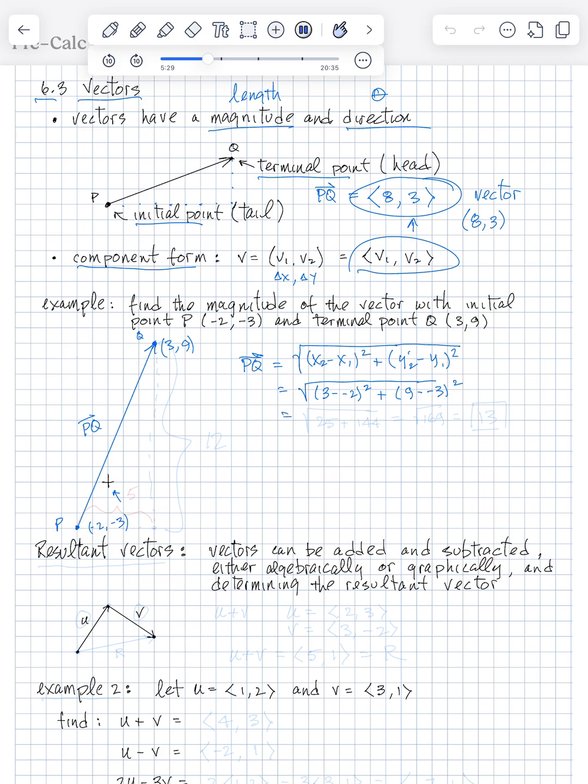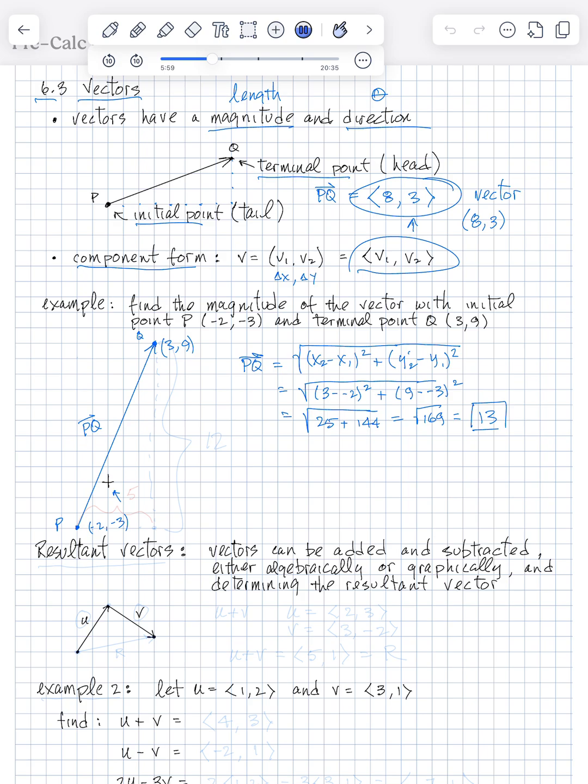So 5 squared is 25, plus 9 minus -3 is 12 squared, 144. That's the square root of 169, which is 13. So this is the magnitude of PQ.